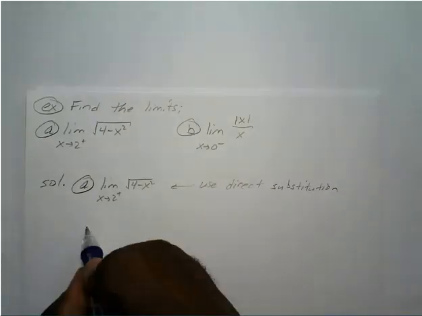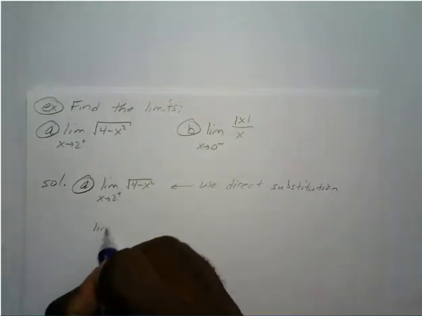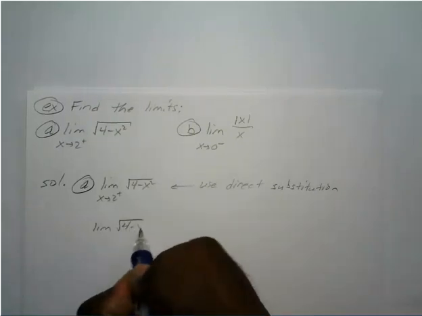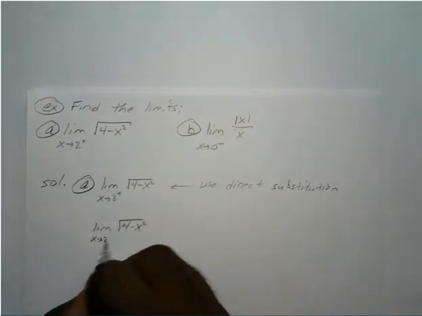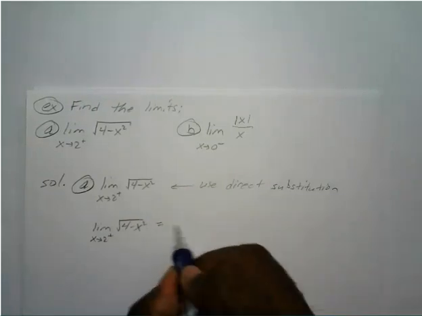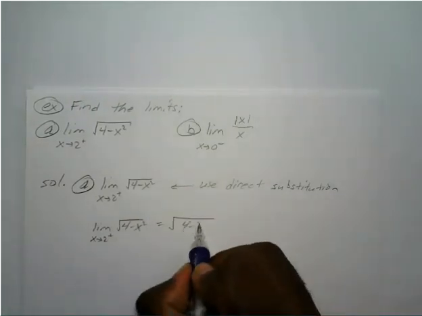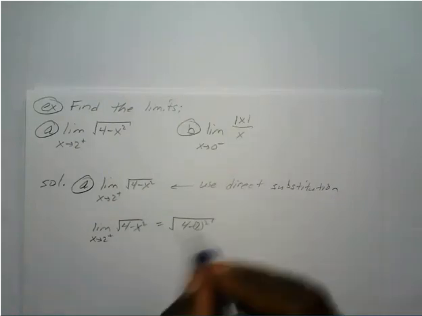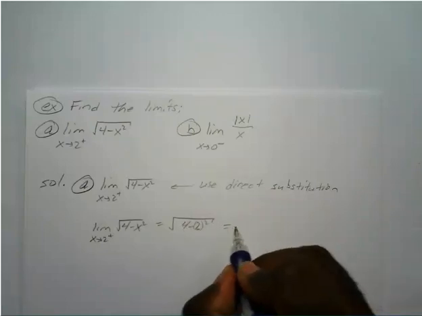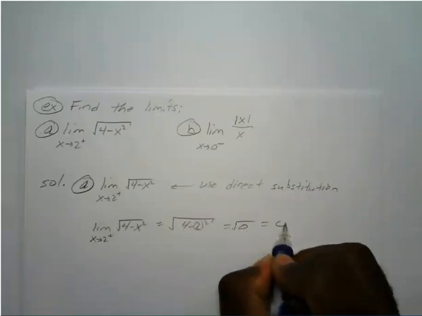I'm just going to rewrite it. The limit of the square root of 4 minus x squared as x approaches 2 from the right is just the square root of 4 minus 2 squared, which is 4 minus 4, so that's just the square root of 0, which is just 0.